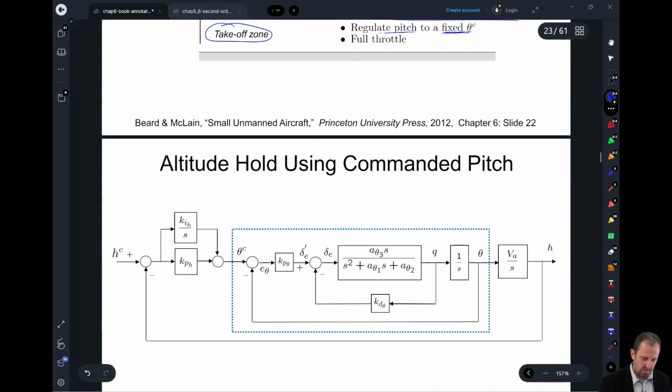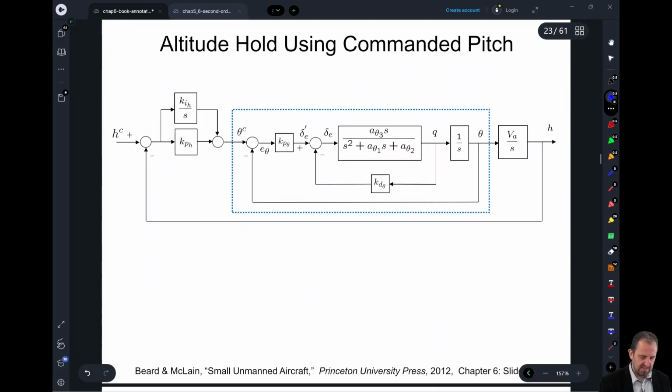So let's talk about this altitude hold regime or command. Outlined or circled in blue is the inner control loop. These are the dynamics that we saw, the model from chapter 5 for our pitch.